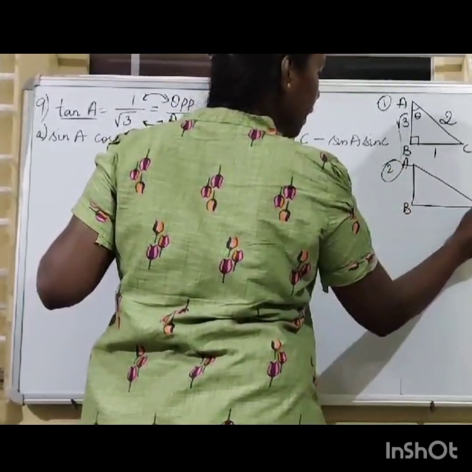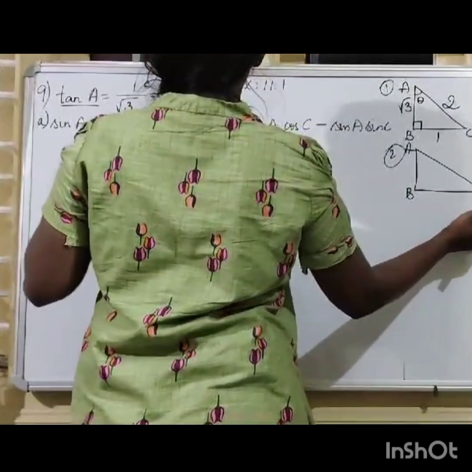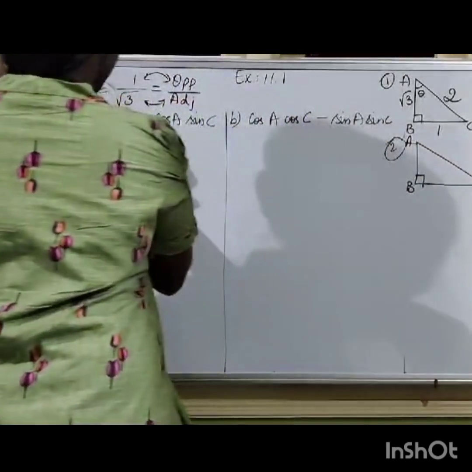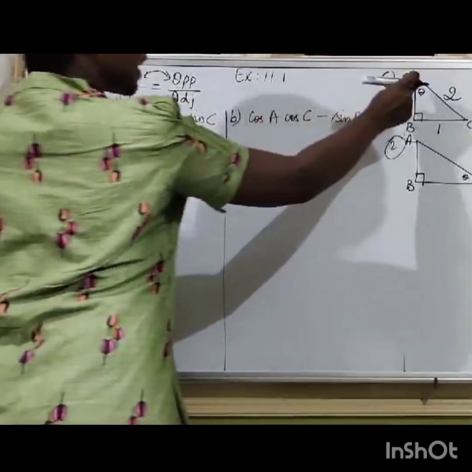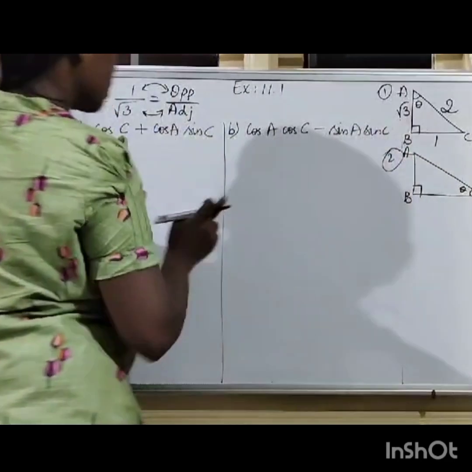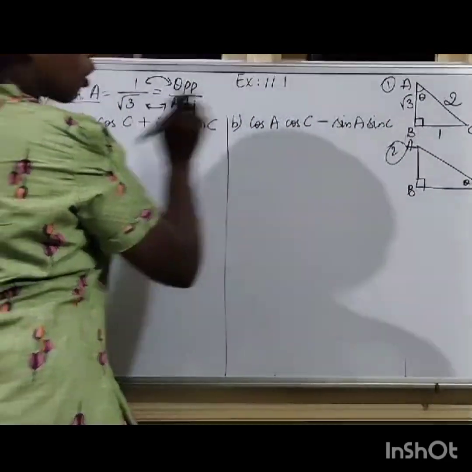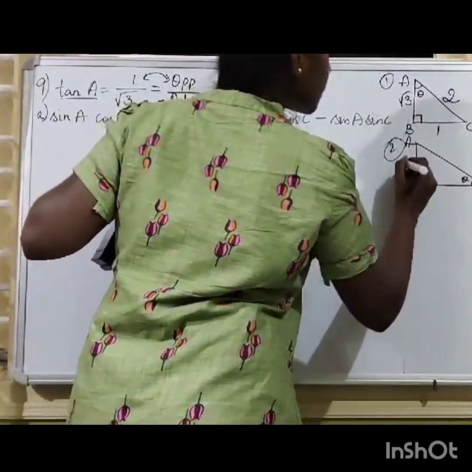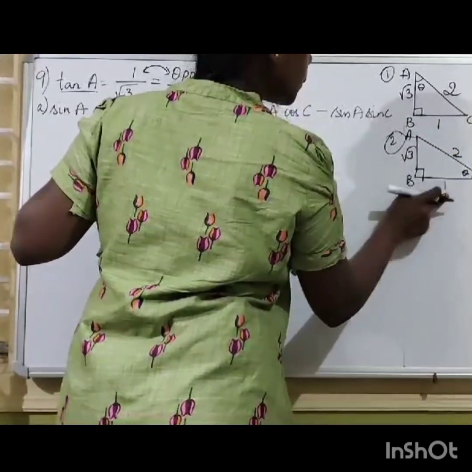A, B and C right angled at B. For sin A, theta is present at angle A. For cos C, theta is present at C. So to find out sin A, we will be using this triangle. For finding out the value of cos C, we will be using this triangle. But the values remain same. Root 3, 1 and 2.